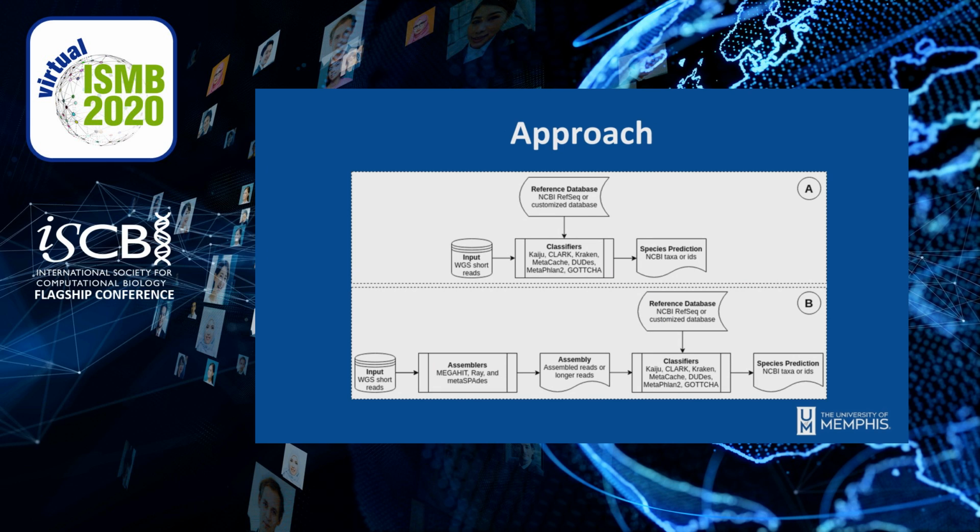So here's our approach. In these studies, we mainly focus on metagenomic classifiers. Most metagenomic classifiers, including those that we study in this paper, consist of two main steps. In the processing step, a classifier utilizes reference genomic sequences of existing species to build an index or reference tables.